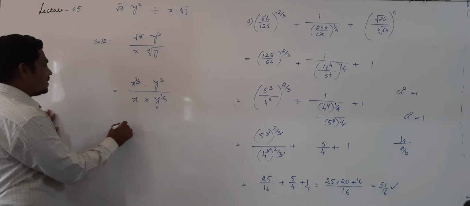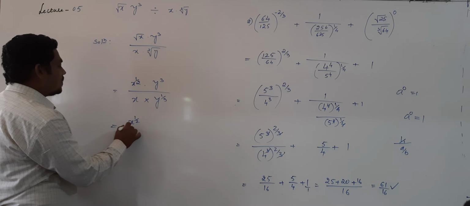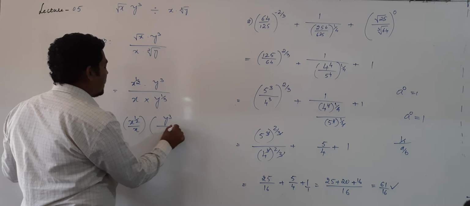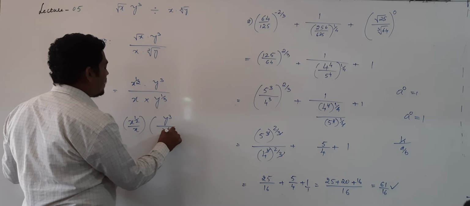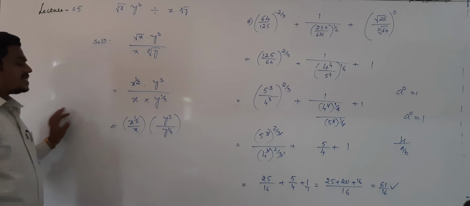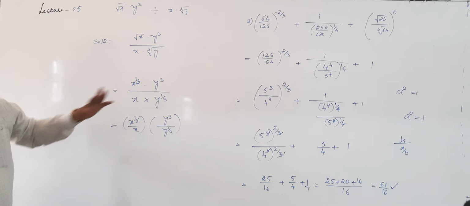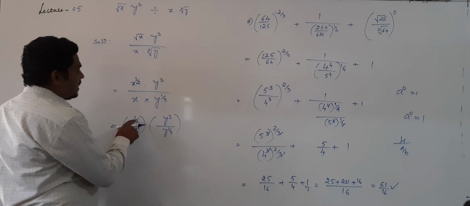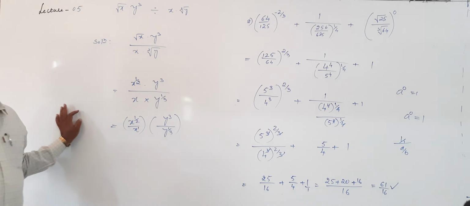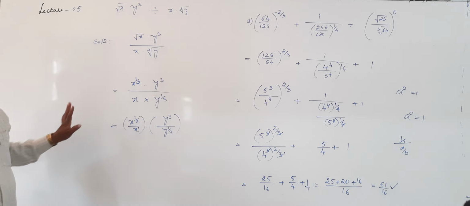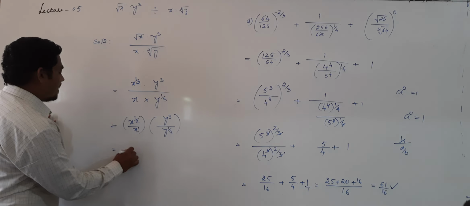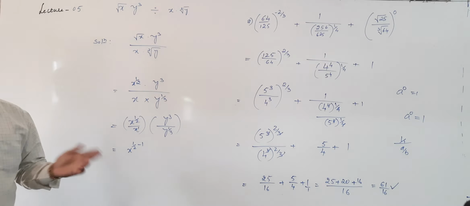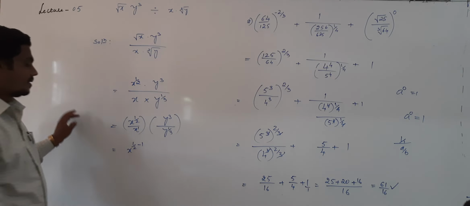Now I will write x power 1 by 2 divided by x, into y cube divided by y power 1 by 3. For the first term apply a power m divided by a power n. I will write x as x power 1, so x power 1 by 2 minus 1.